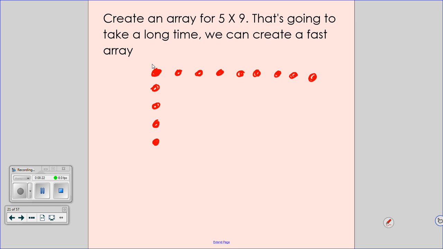Exactly. Go ahead and draw your fast array and label the equation in your math notebook. So a fast array, again, does not draw all the dots.